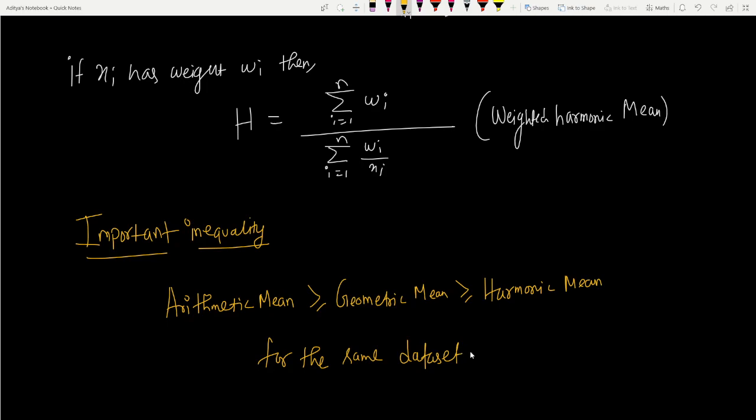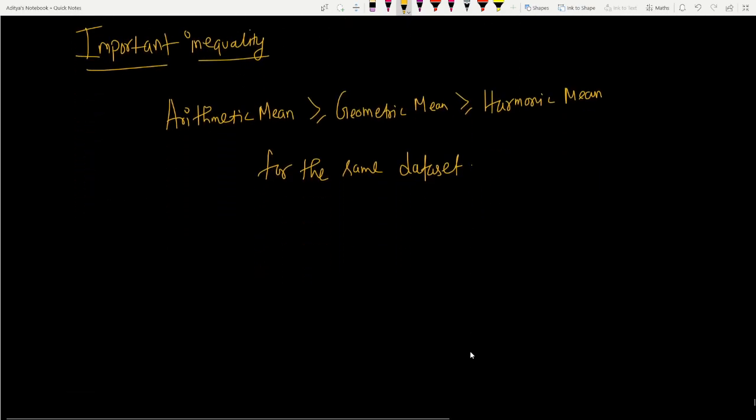So this is the important inequality, that the arithmetic mean is always the greatest among the means. The geometric mean is greater than the harmonic mean, but it's always lesser than or equal to the arithmetic mean, and the harmonic mean is the least among all the means. And it's very important to understand this relation.